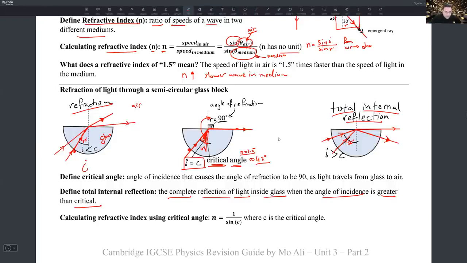If the angle is less than critical, refraction. If the angle of incidence is equal to critical, refraction, but the light ray touches the surface, the angle of refraction is 90 degrees. If the angle of incidence is more than critical, total internal reflection happens. 100% of the light gets reflected.